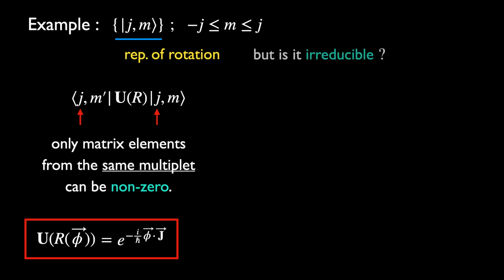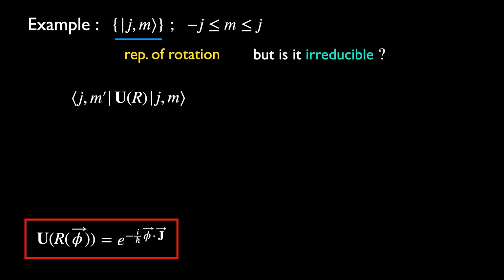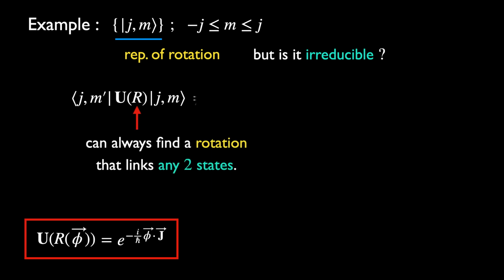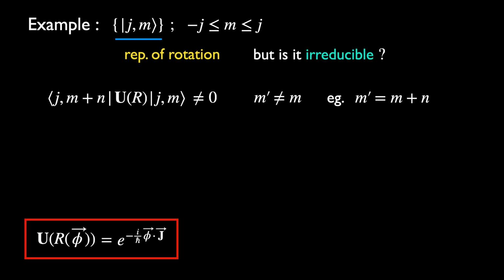But is this irreducible? The answer is yes, and we can prove this by showing that a rotation can always be found that links any two states within the multiplet. Let's tackle the non-trivial case where m prime is not equal to m. For example, m prime equals m plus some integer n. Let's find a rotation such that this matrix element is non-zero.